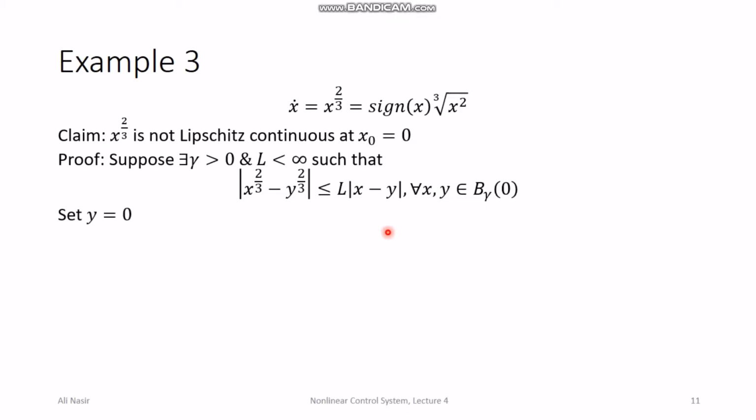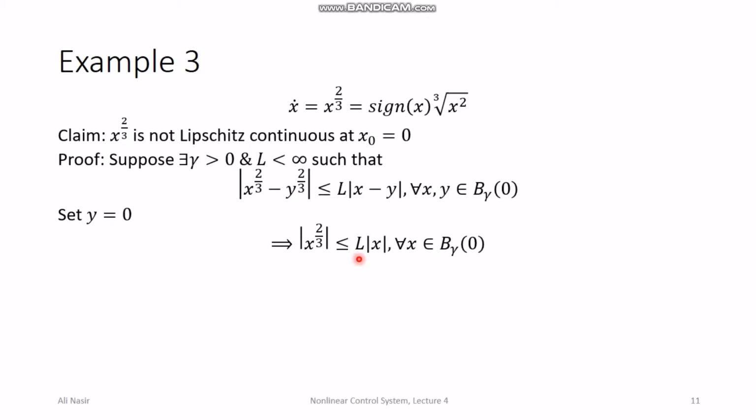So we set y equal to 0, which we can do because technically we can select any x, y from the neighborhood gamma of 0. So 0 is within the neighborhood, actually it's right on the 0, so no matter how small this neighborhood is, this y will be in this neighborhood, so we can set y equals 0.